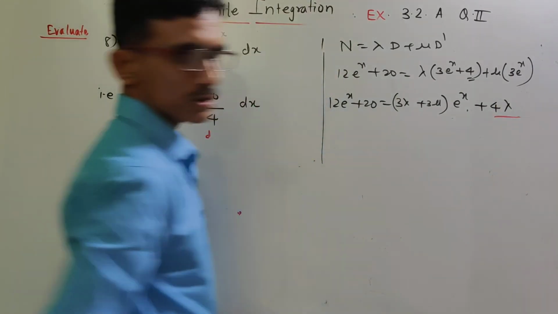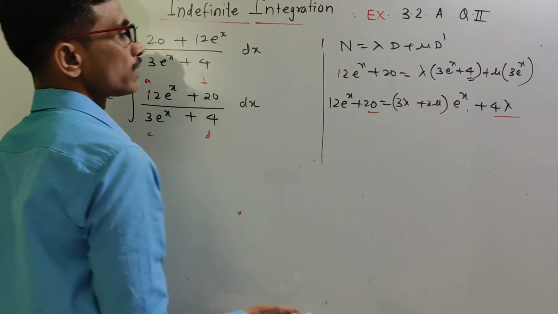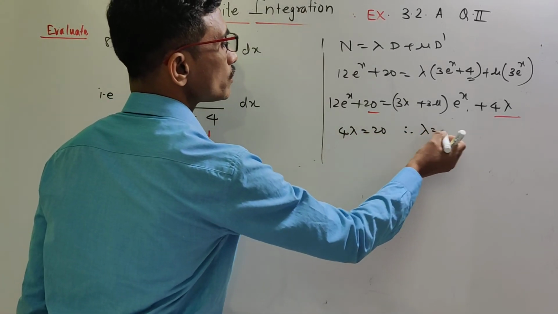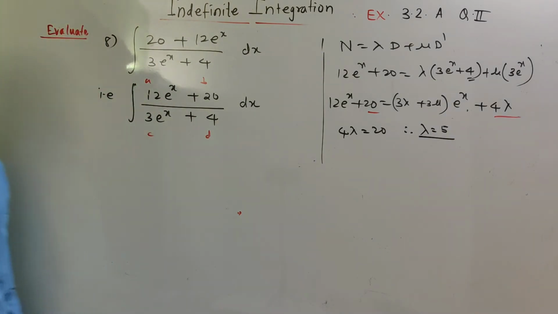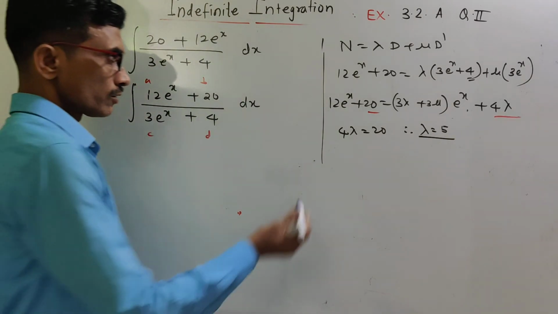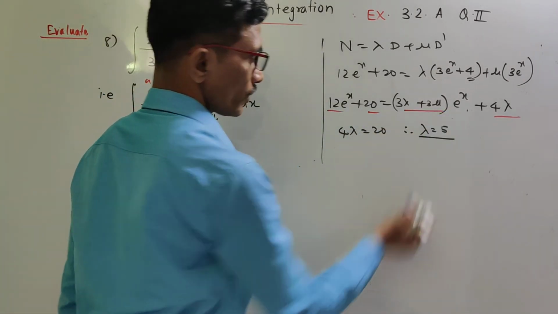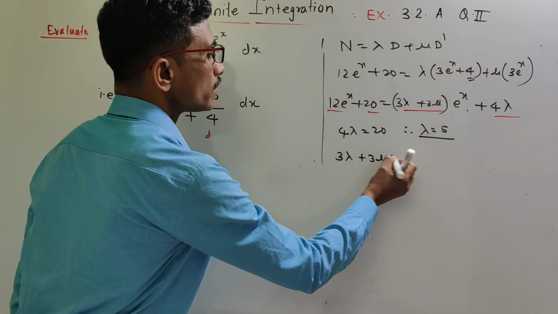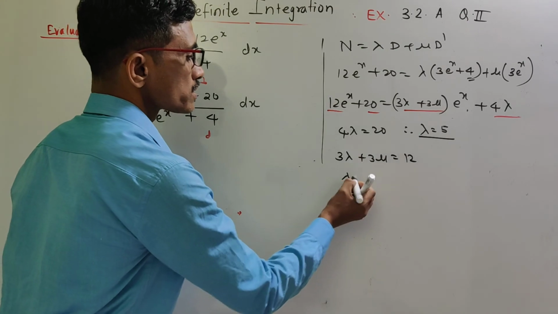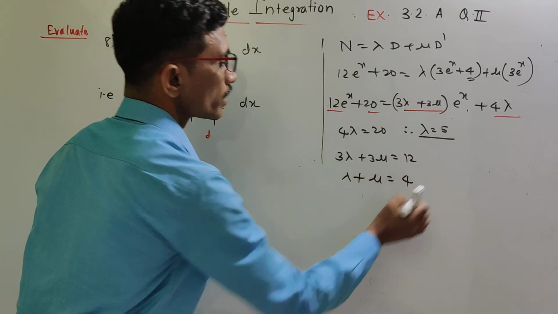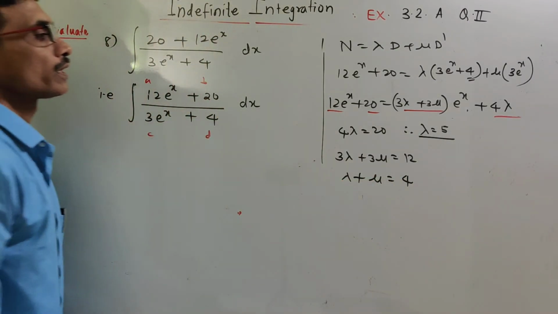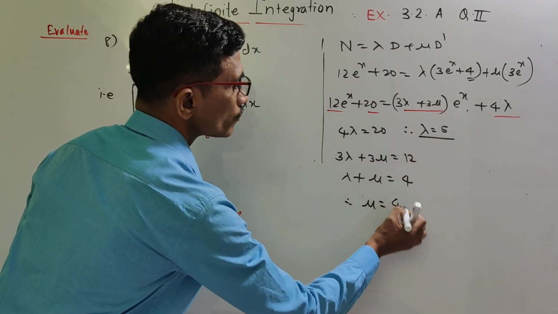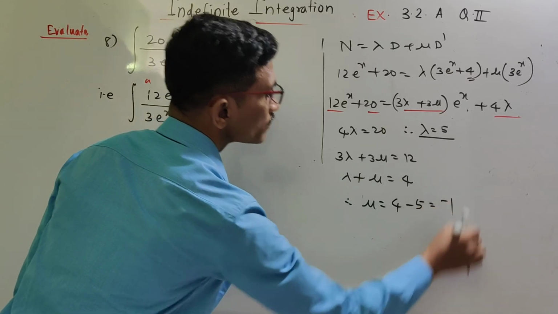This 4 lambda is constant, we equate it with the constant, so 4 lambda is equal to 20, lambda is 5. And for the coefficient of e raised to power x, 3 lambda plus 3 mu is 12, that is lambda plus mu is 4, dividing by 3. Lambda is 5, therefore mu is 4 minus lambda, that is minus 1.